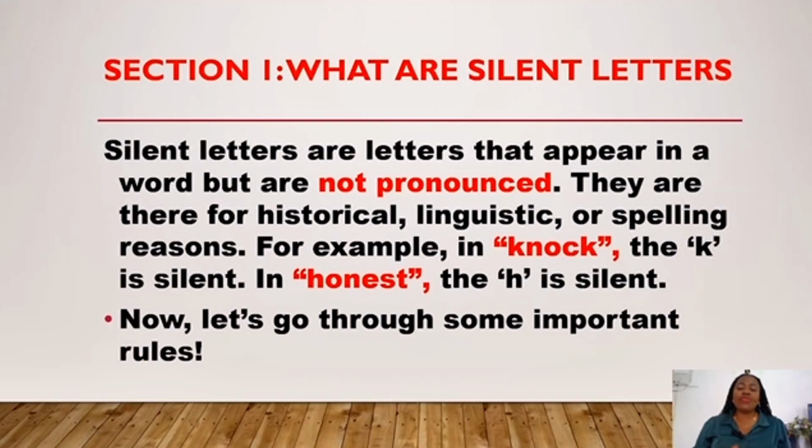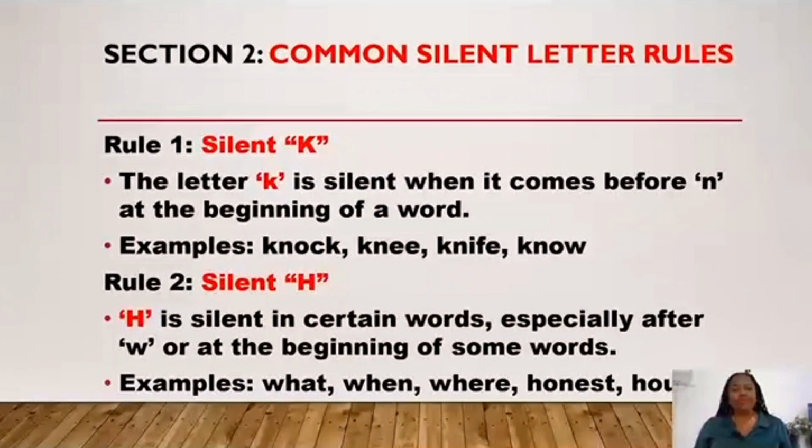So now let's go through some important rules, because we'll see silent letters everywhere. How are you supposed to identify them? Rule number 1, silent K. The letter K is silent when it comes before N at the beginning of a word.